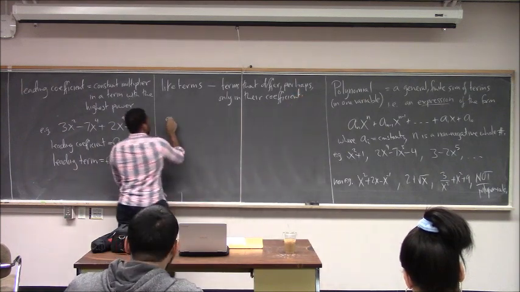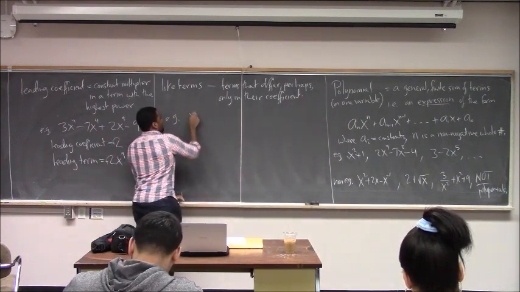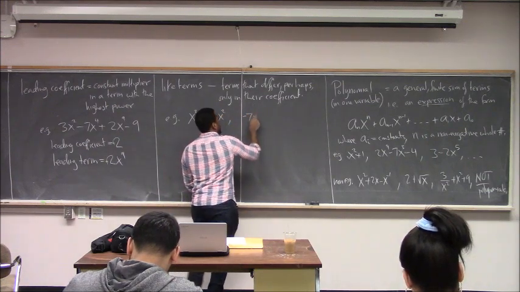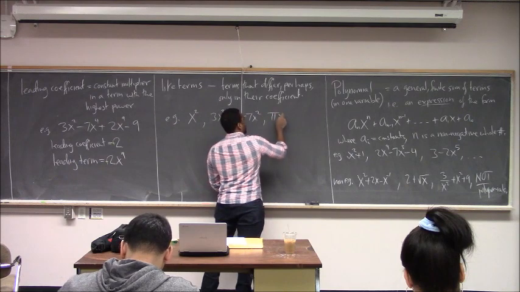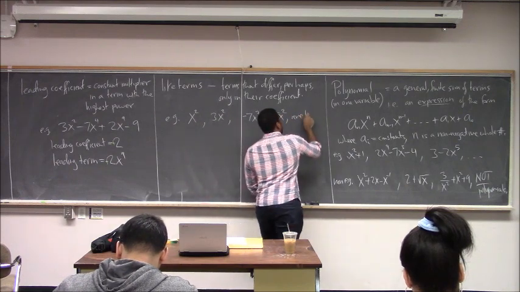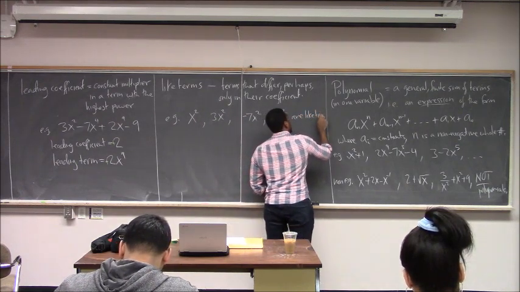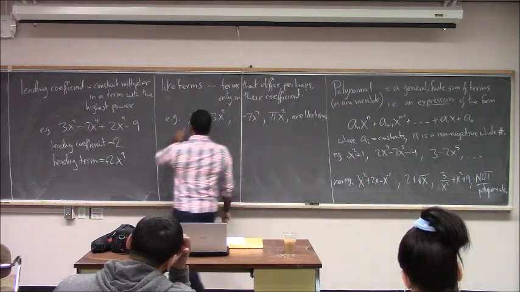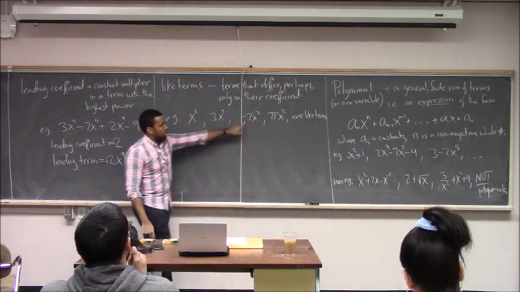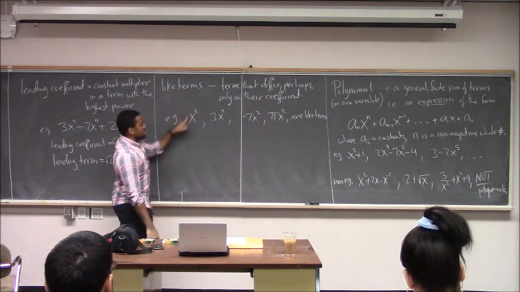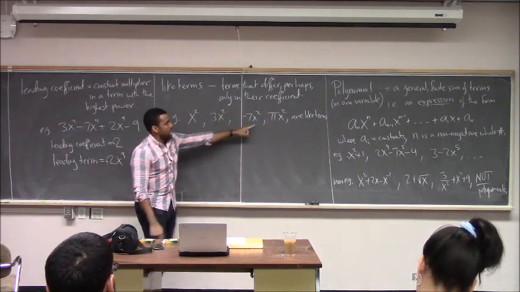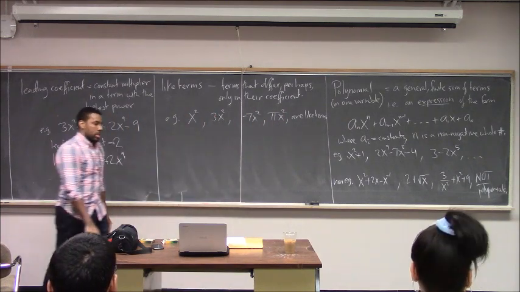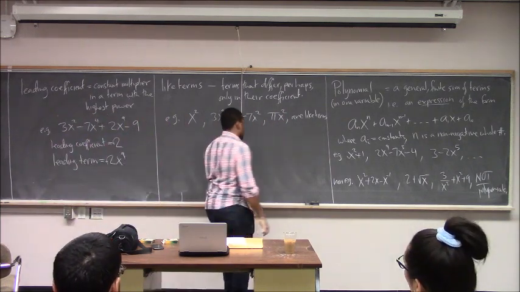So, for example, x squared, 3x squared, minus 7x squared, pi x squared are like terms. Why? Because their coefficients might be different, 1, 3, minus 7, pi, but the part that's not the coefficient is x squared in all of them. These are called like terms because they are the same except for the coefficients.